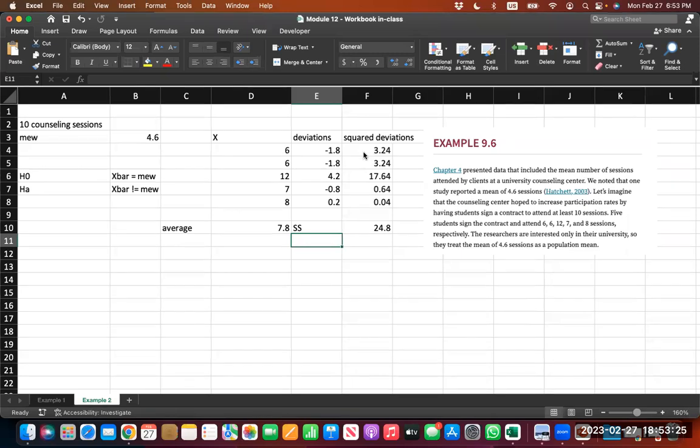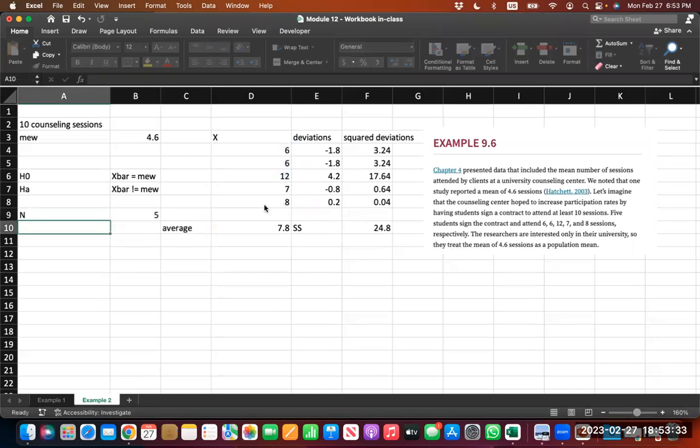We're calculating next the variance, and for that we need our n. Our n is the count of these 5 entries. Our degrees of freedom is this minus 1.